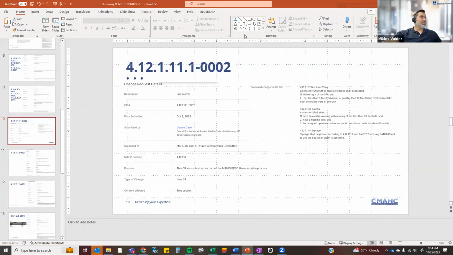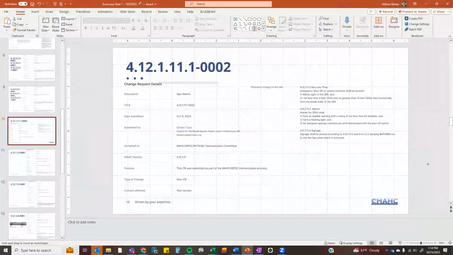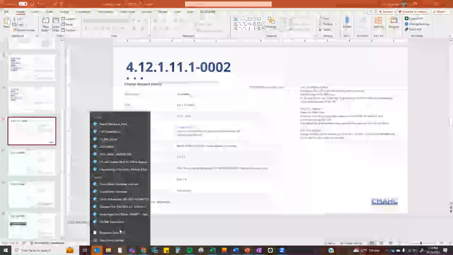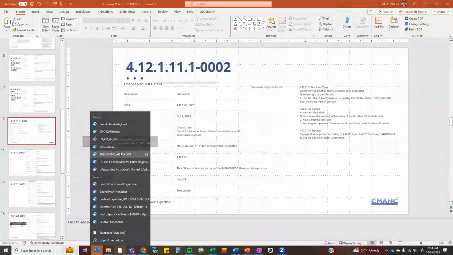Go ahead, please. Yeah, I didn't know if it was already in the language in 412. But emergency shut off of what? Is it the recirculation, or is it the agitation in the jets? Should be circulation.